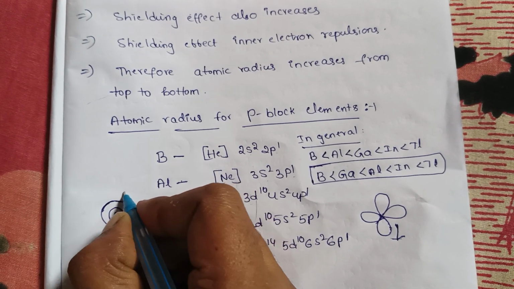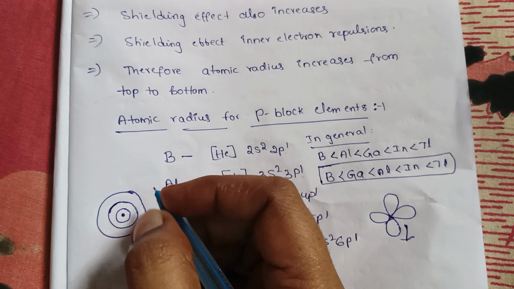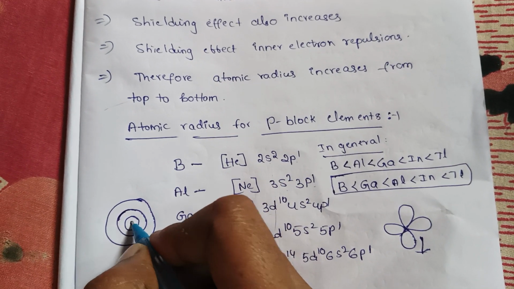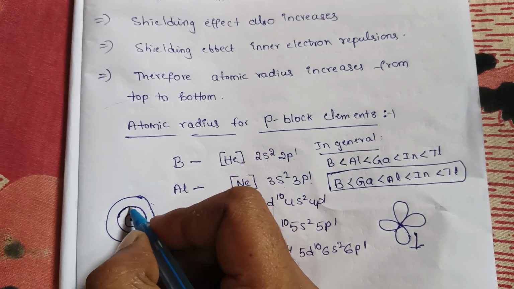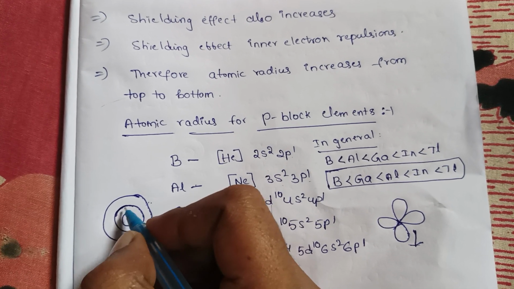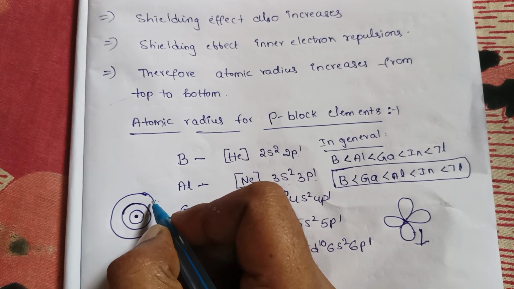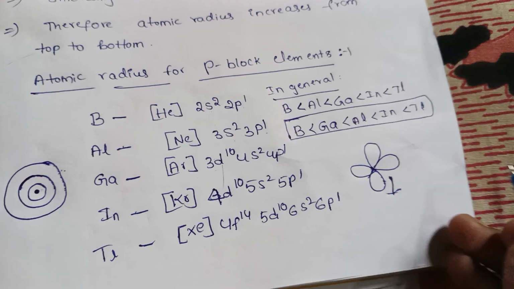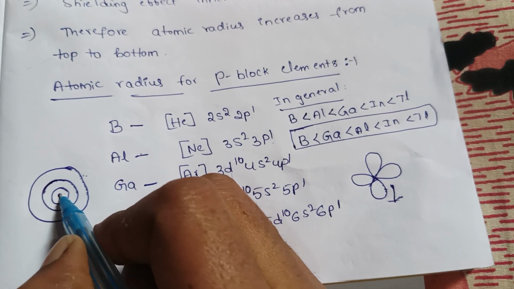It protects from the nucleus to the second shell, right? Because the nucleus interacts less with the valence shell, because this shell acts as a shield. So shielding is more.